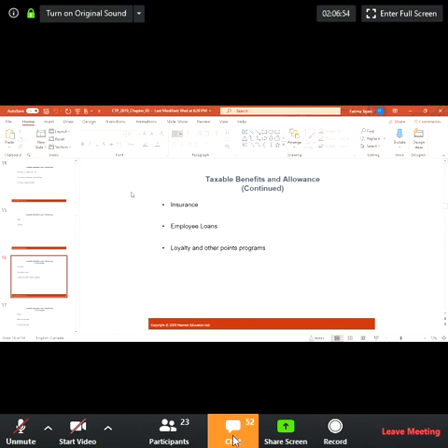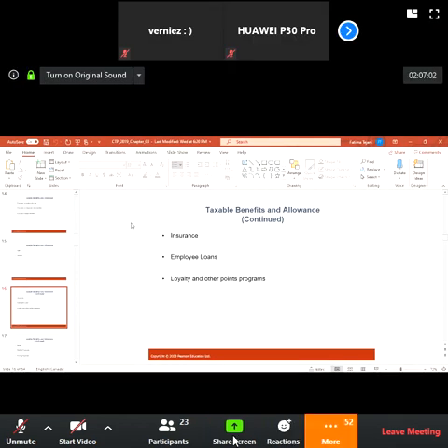If those points can be calculated and converted into cash, and you convert them into cash, this is considered a taxable benefit, because it's considered that your employer is providing you some kind of benefit for your personal purpose.